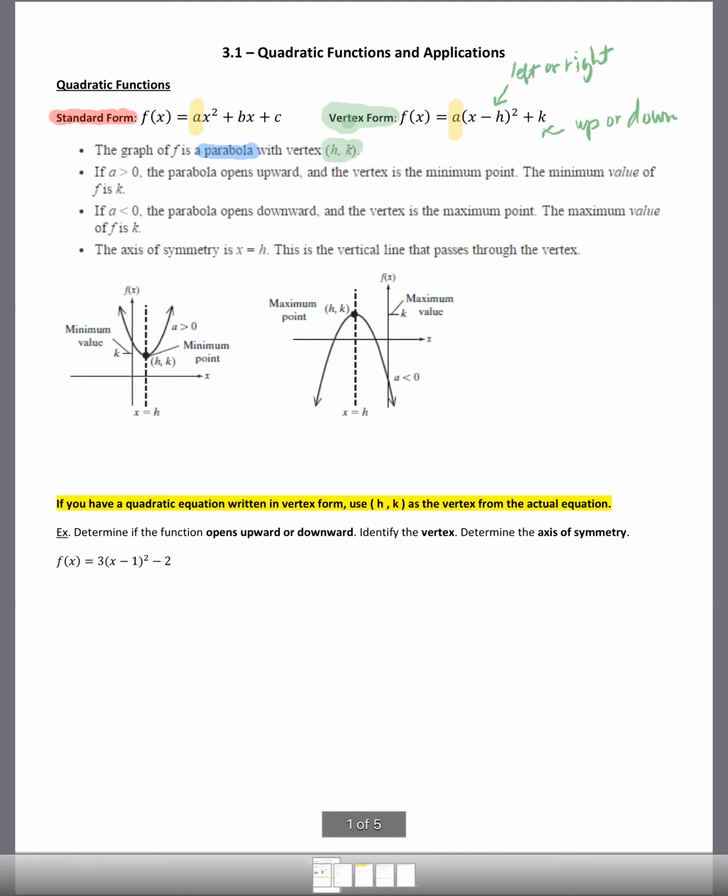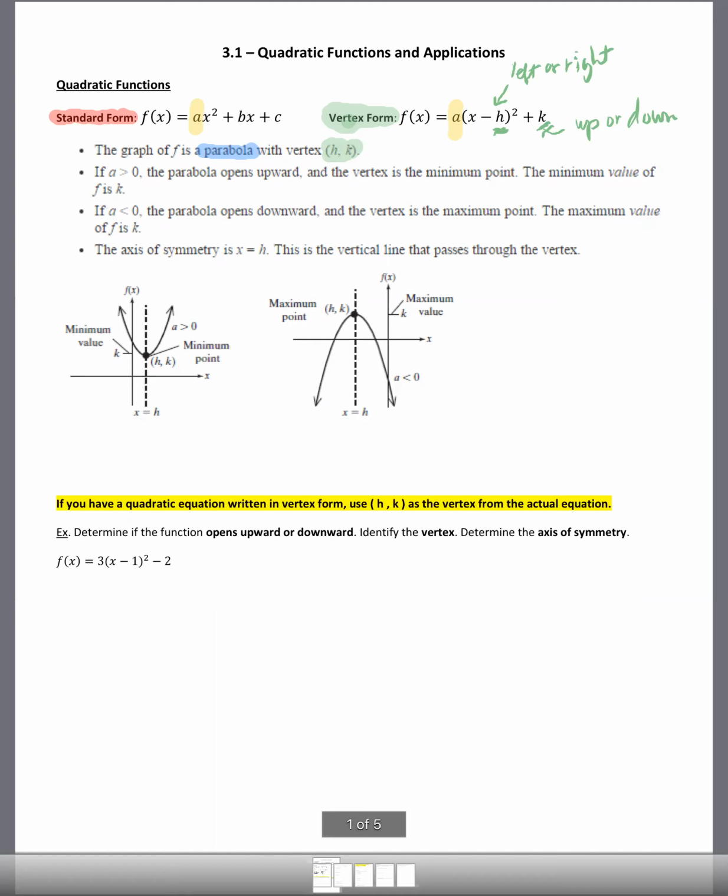H comma k. Now what's nice about the vertex form of the function, you'll notice that this h and k that they speak of being what they call the vertex, those values are already showing up for us in the vertex form of the quadratic function.